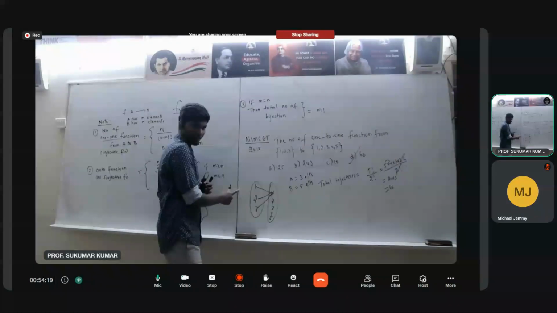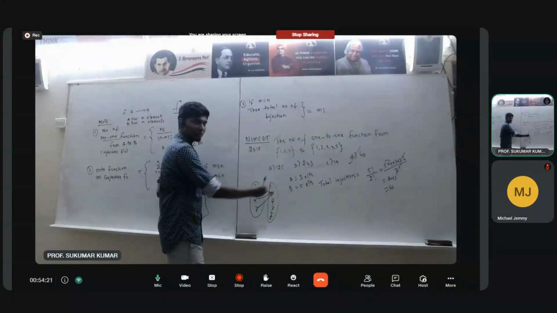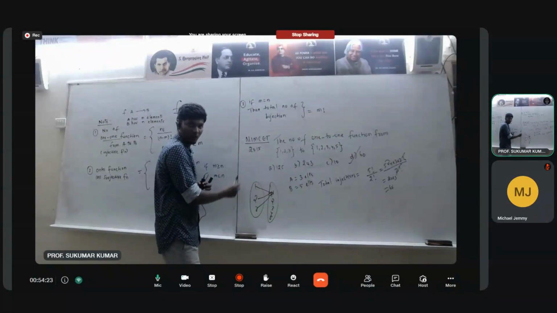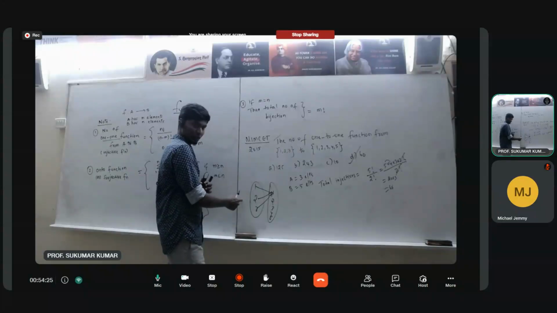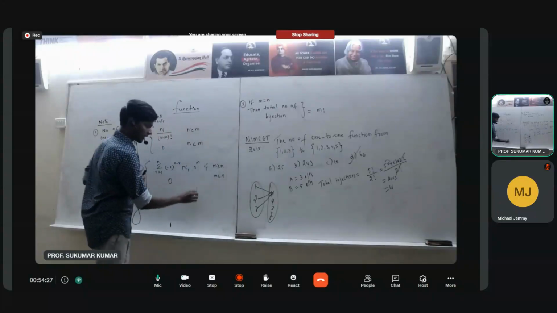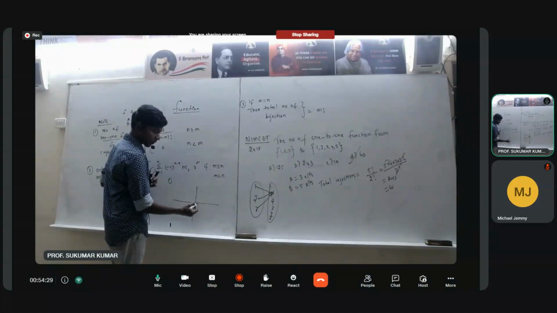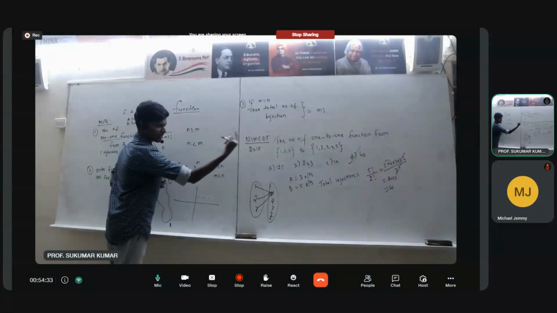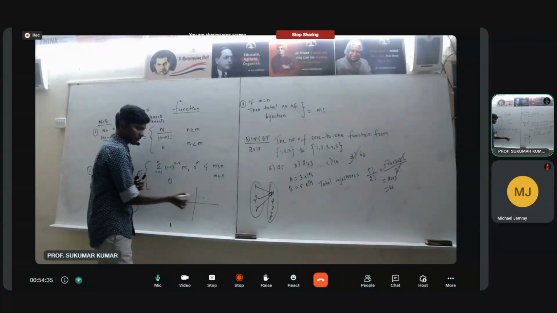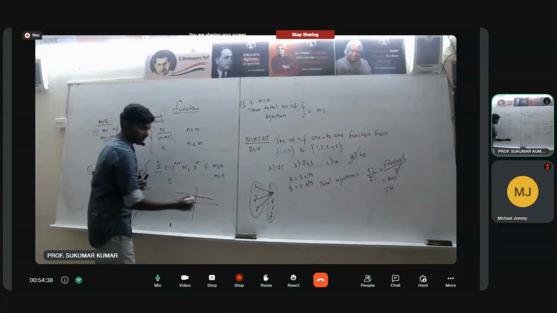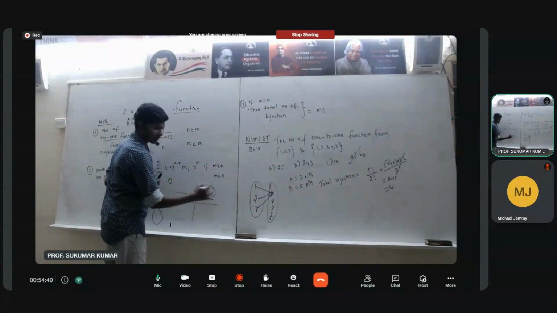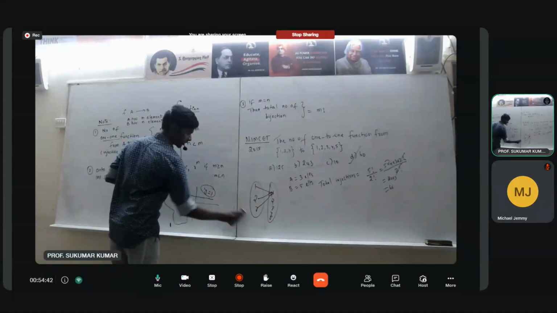This is a constant function because everything maps to a particular constant. It will be replicated in the graph: 1 also 1, 2 also 1, 3 also 1. Even if it is, for example, minus 3, minus 1, all these are 1. So it is a constant function, y is equal to 1.